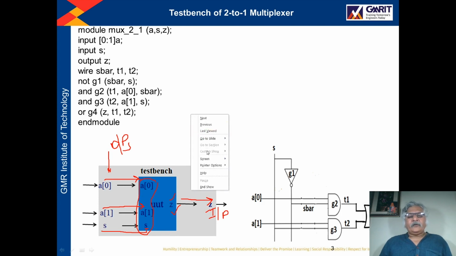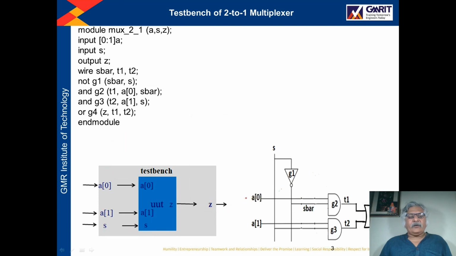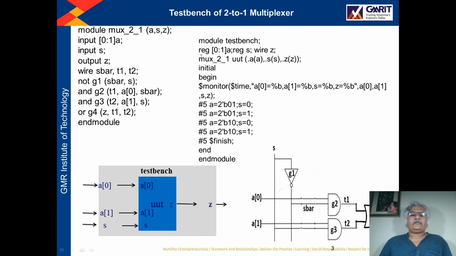So in this example, I have not changed the names of the test bench ports. The name is the same, right? So now I will write the test bench. So this is the test bench: module and endmodule. I have named this module testbench.